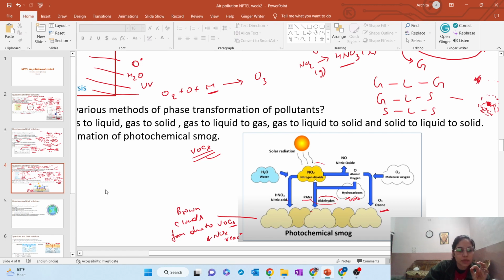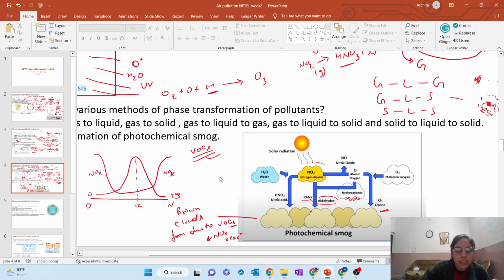The reason is very simple. If you take day and night, this is 0 and this is 24, or 23, let's say. For ozone formation you need sunlight, so ozone is highest towards the daytime, the afternoon, and NOx is highest towards the early day and the late night. This is NOx.